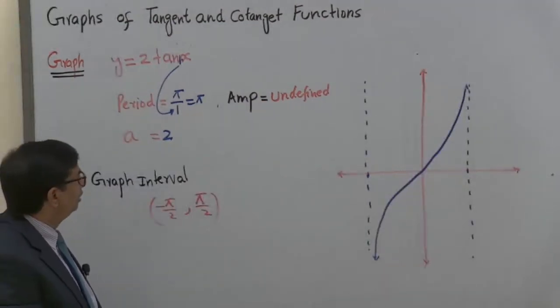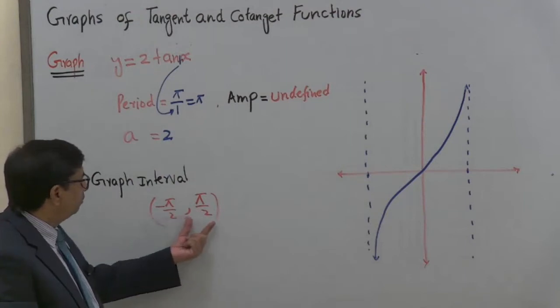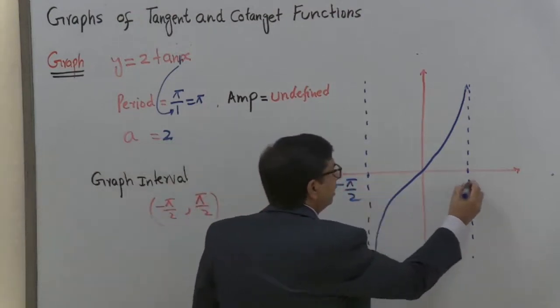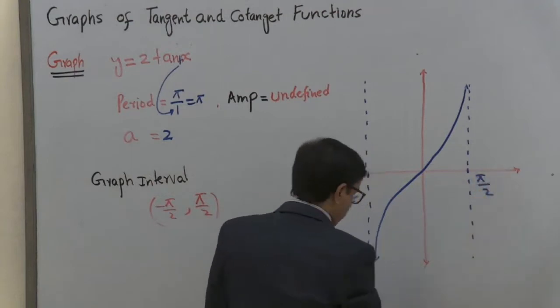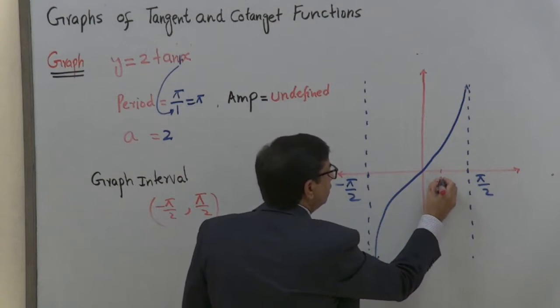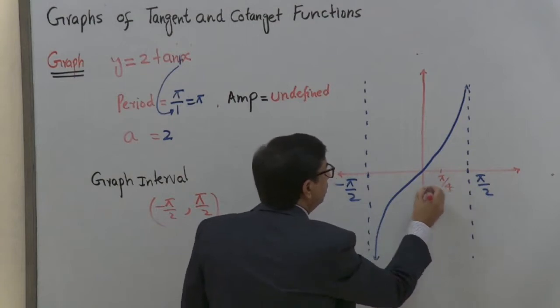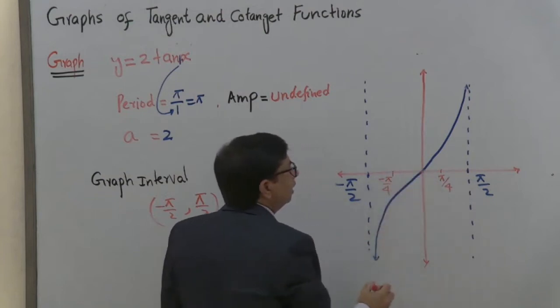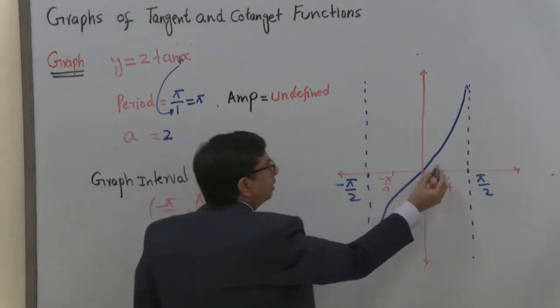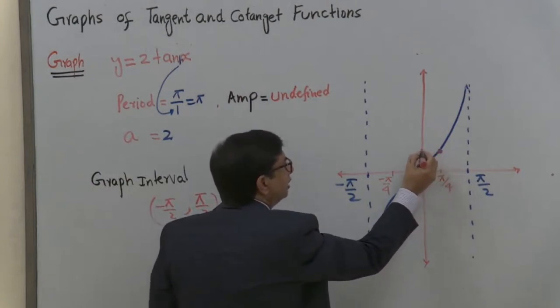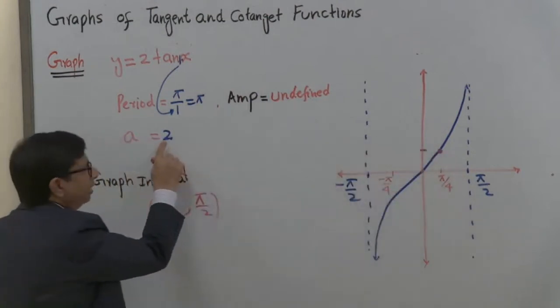What are the conditions? Negative pi over 2, write down over here, and pi over 2. We write its midpoint, pi over 4, minus pi over 4. And this value, take this point directly above this one on the graph, and this value is this a.